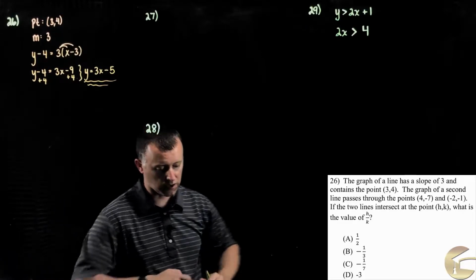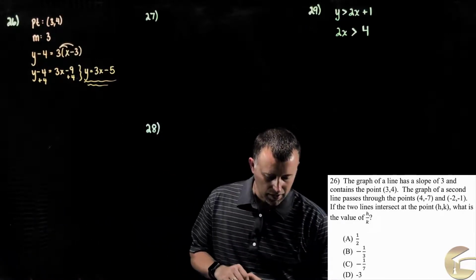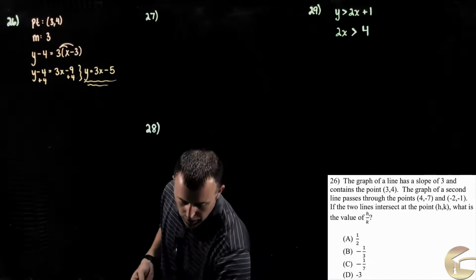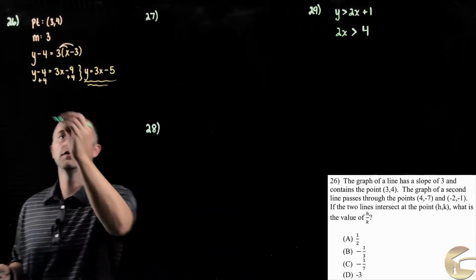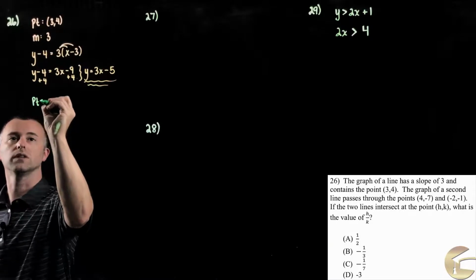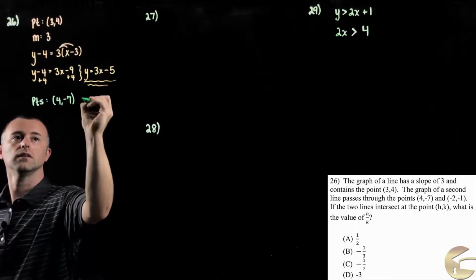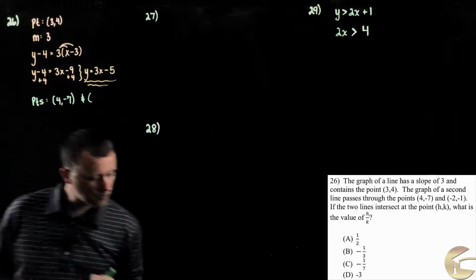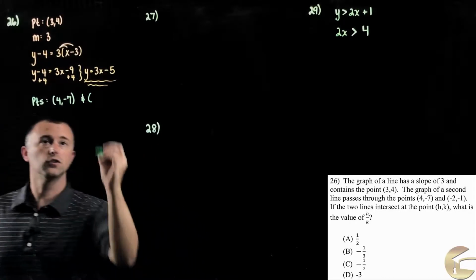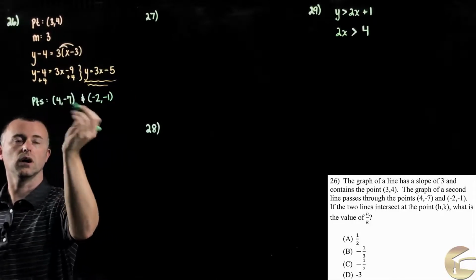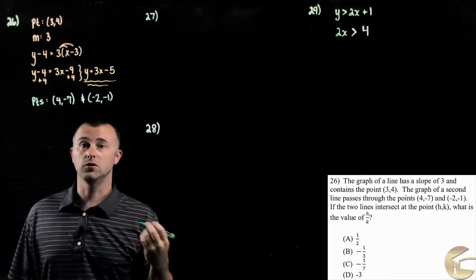We just got started. The graph of a second line passes through the points 4, negative 7, and negative 2, negative 1. So we have 4, negative 7, and we have the point negative 2, negative 1. Okay, so here we can pick a point, it won't matter, but we do need a slope.